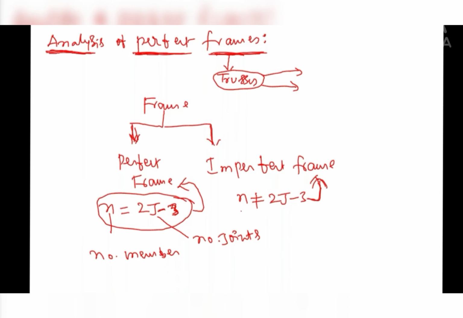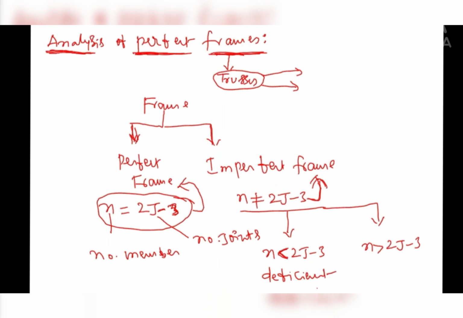As you know, if n is not equal to 2j minus 3, not equal to means either n is less than 2j minus 3, or n is greater than 2j minus 3, right? If n is less than 2j minus 3, then we will call this frame a deficient frame.